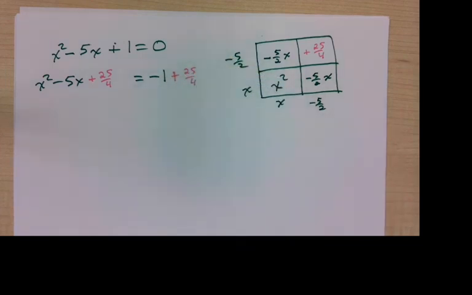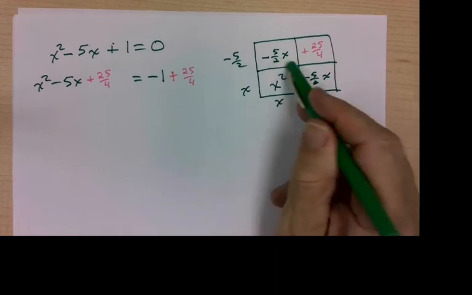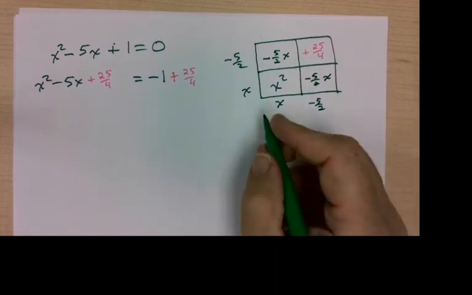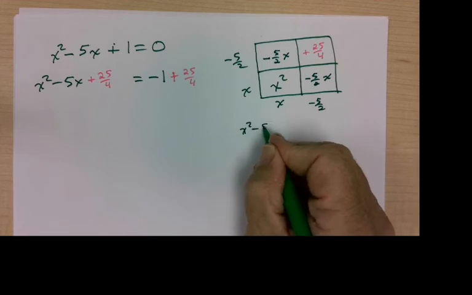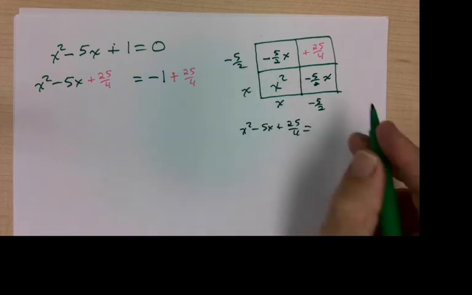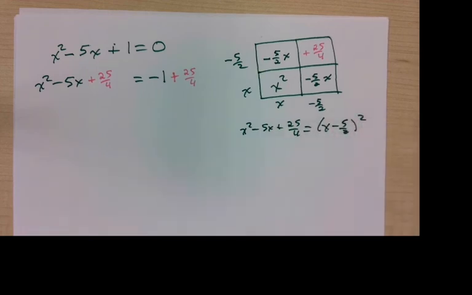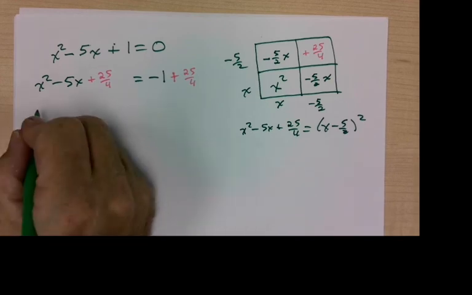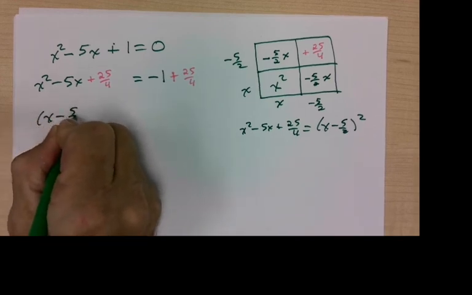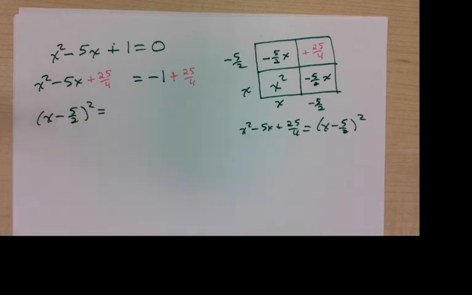So what we have here is x squared minus 5x plus 25 fourths is x minus 5 halves times x minus 5 halves, or x minus 5 halves squared. So the left side here is x minus 5 halves squared. The right-hand side is negative 4 fourths plus 25 fourths, which would be 21 fourths.